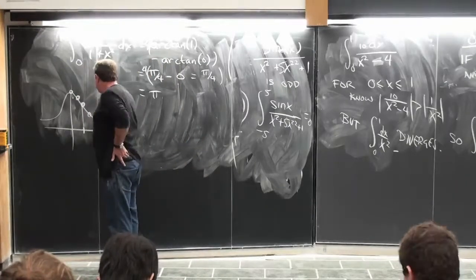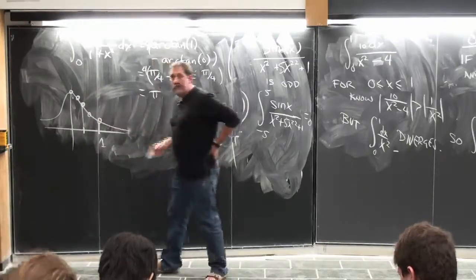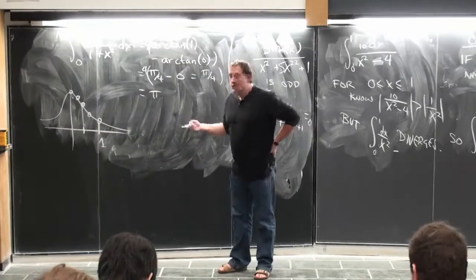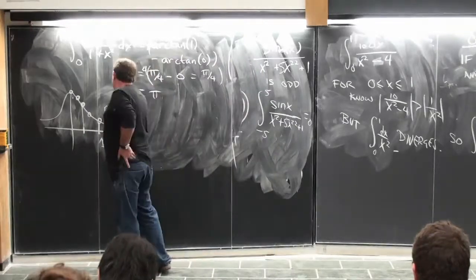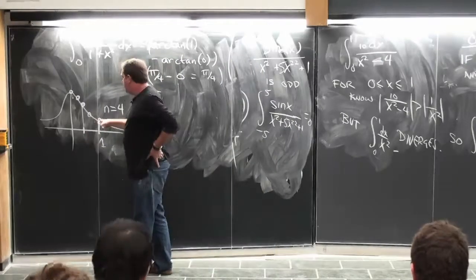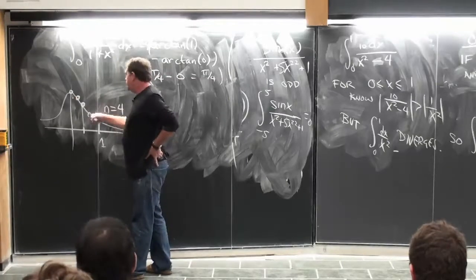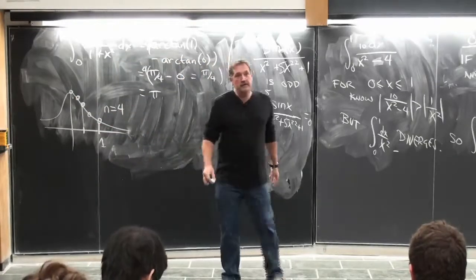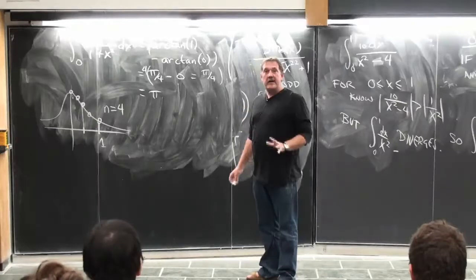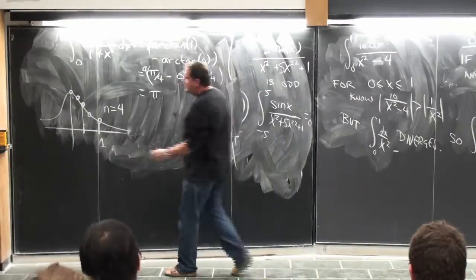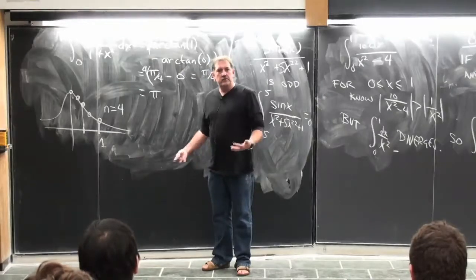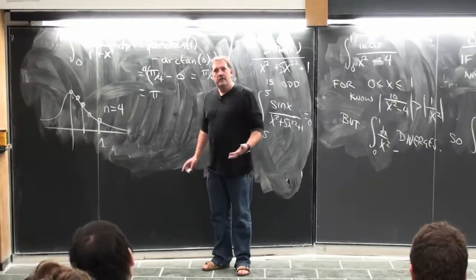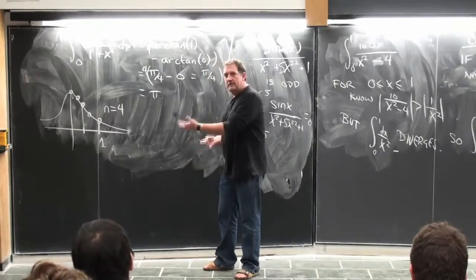So if I'm doing n equals 4, I have 0, 1, 2, 3, 4 points, a total of 5 points. For Simpson's rule, n always has to be even because we use the 2 sides and the middle. If n is odd, we don't have 2 sides and a middle.